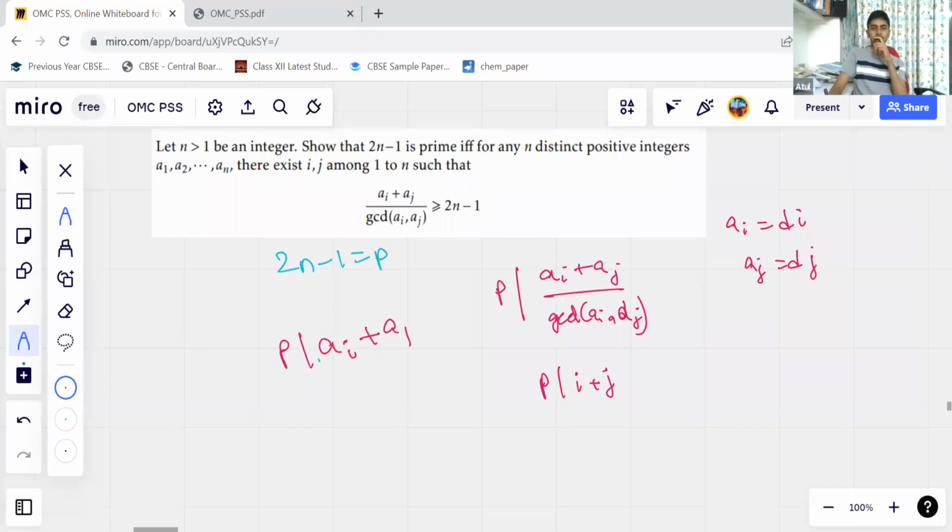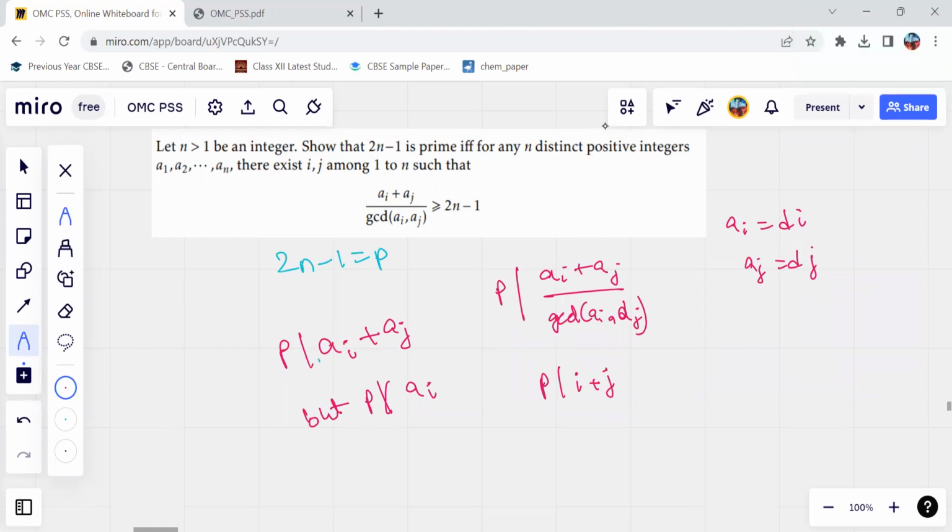So it would be great if P divided AI plus AJ, but P does not divide AI or AJ. Because in that case, clearly the GCD is not going to be divisible by P. Okay.